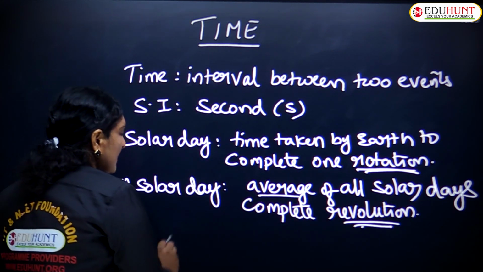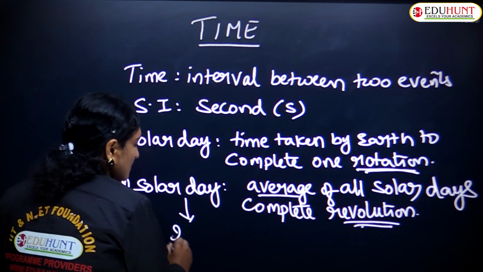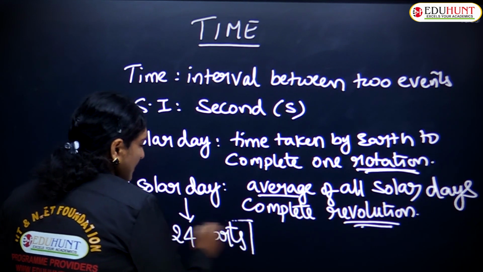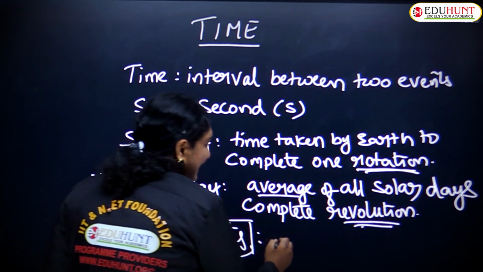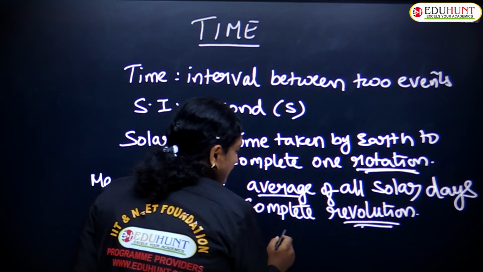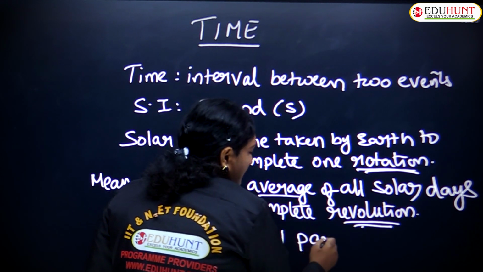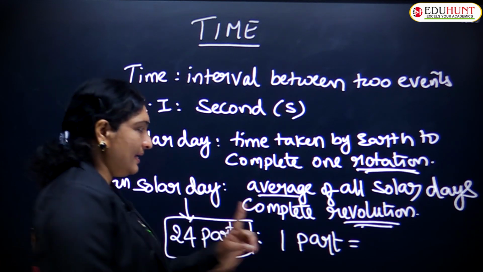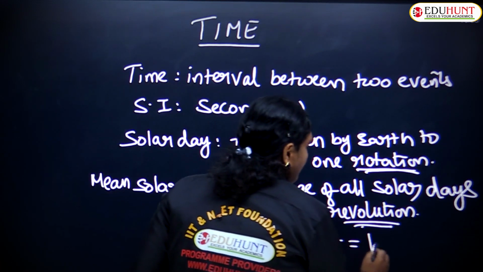So every mean solar day is divided into 24 parts. How many parts, children? 24 parts. Each part is called an hour.